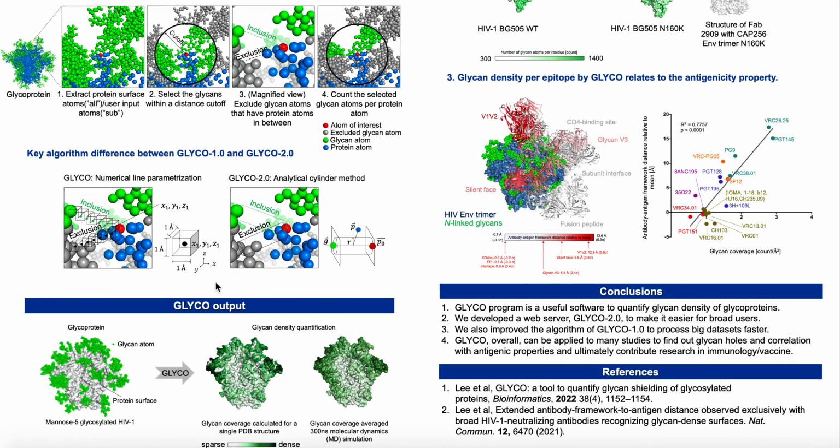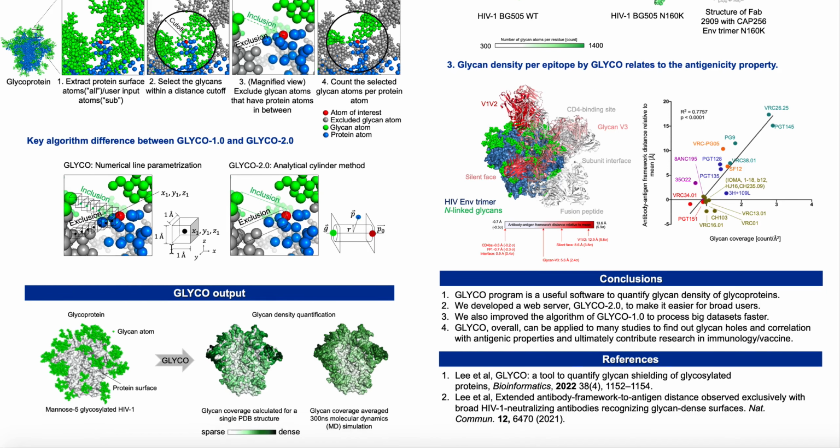The left one is the GLYCO 1.0 key algorithm, and the right one is a comparison between the previous version and the current version. We changed the algorithm a little, from the numerical solution to the analytical solution. And then at the bottom is the GLYCO output. GLYCO can be applied to multi-frame as well, which is many different hundreds of PDBs coming from molecular dynamic simulations.